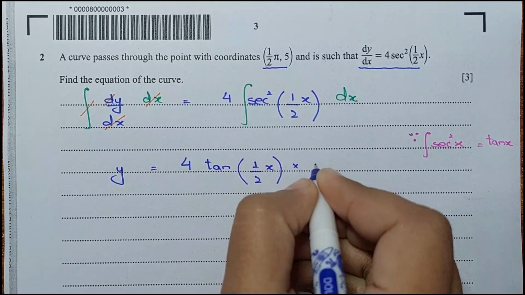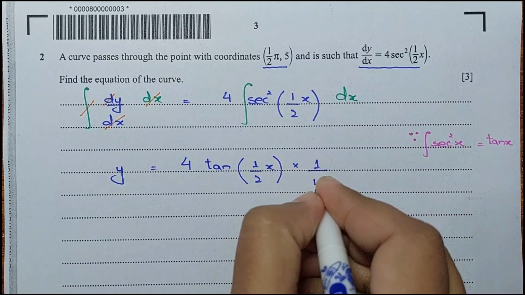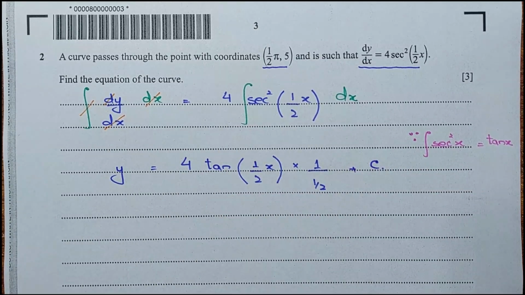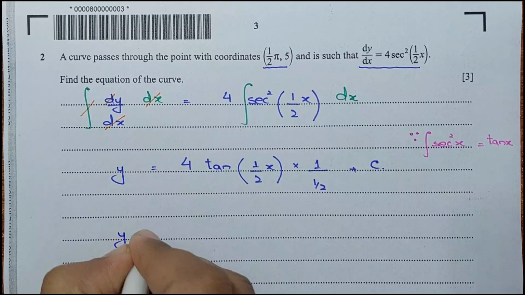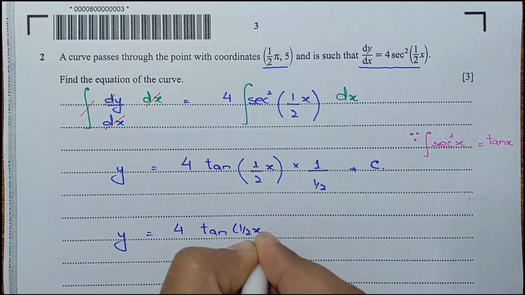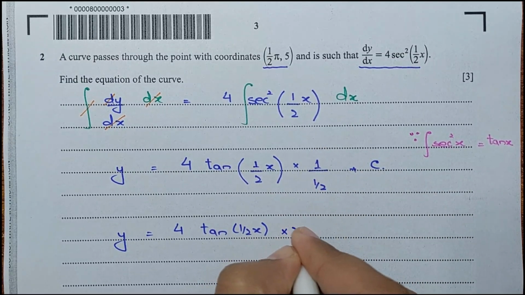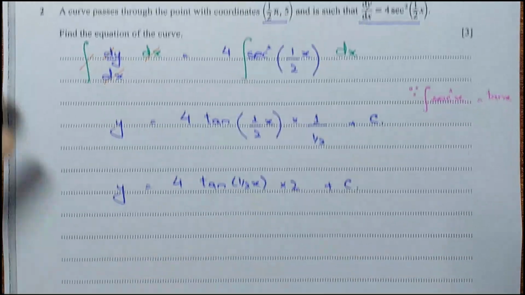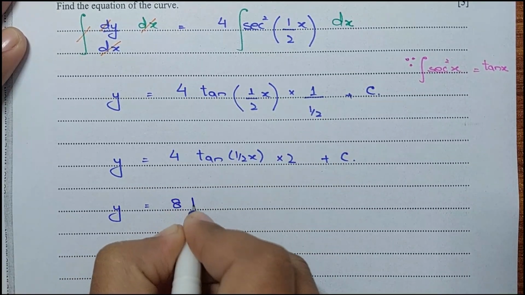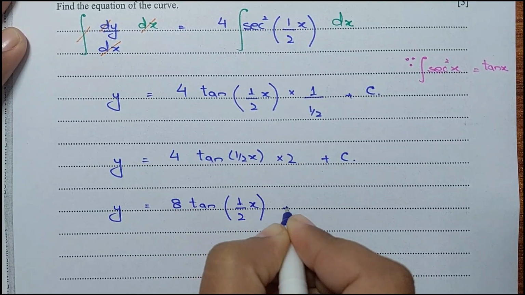Multiply by 1 over the derivative of 1/2 x, which is just 1/2, plus some constant of integration, because this is an indefinite integral. Now we are left with y equals 4 tangent half x, and 1 divided by 1/2 is just 2, plus c. So y equals 4 times 2, which is 8 tangent half x, plus c.